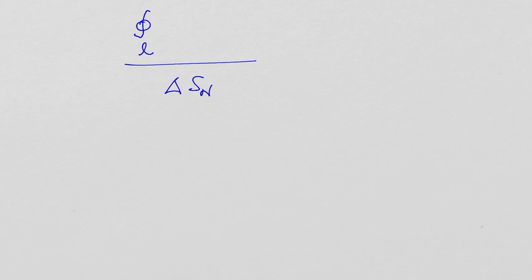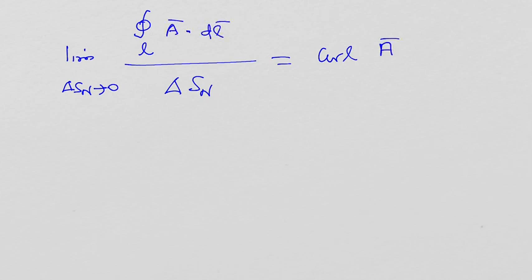As the area shrinks to a point, this will result in the curl of the quantity. If A is the vector, A dot dl will be taken into the picture. Or for curl F, this will become F dot dl. So it is the closed line integral of a vector quantity per unit area as the area shrinks to a point.